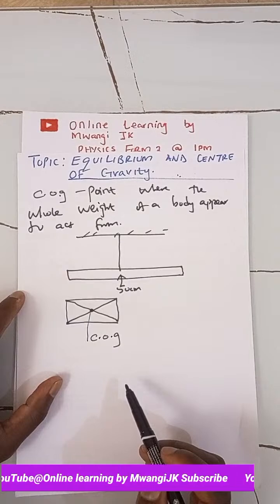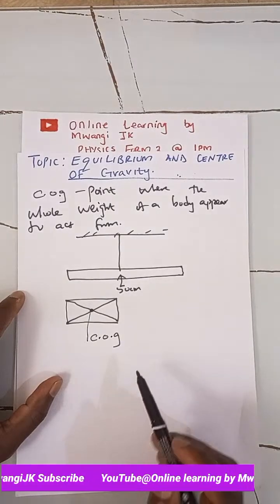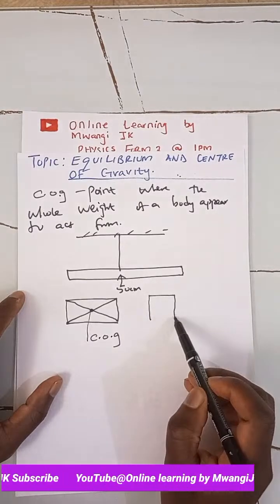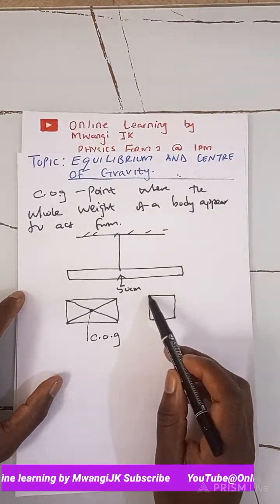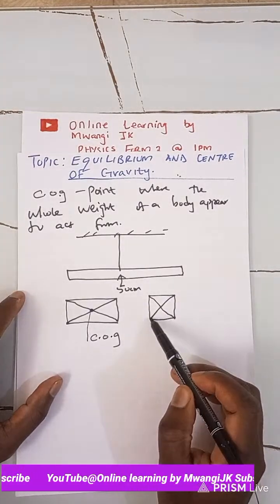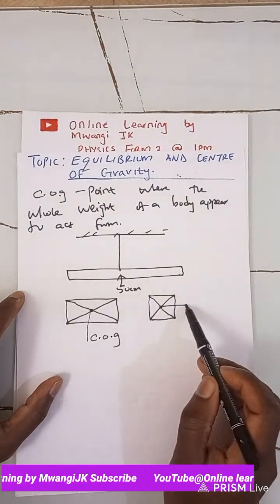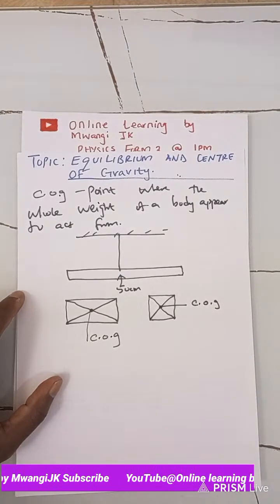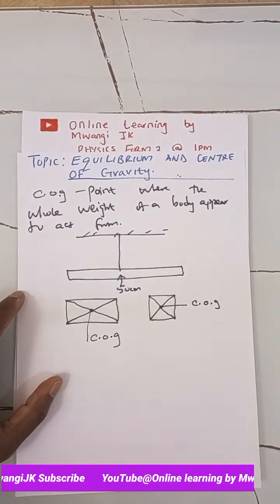that rectangular piece. If you have a square piece, again we join its diagonals, they meet at a point, and again that is where we have the COG, and that's where the weight of that particular object appears to act.